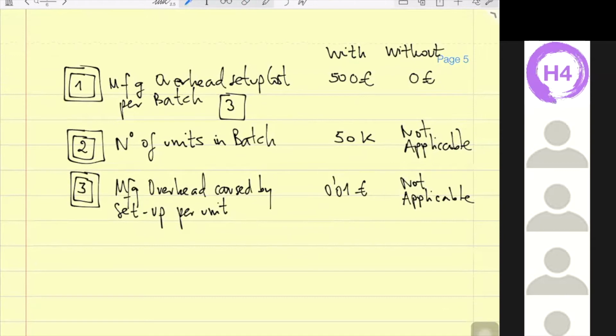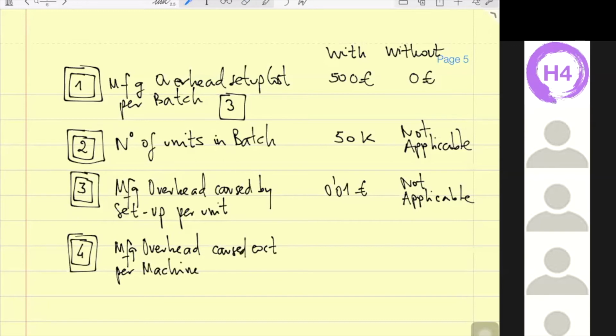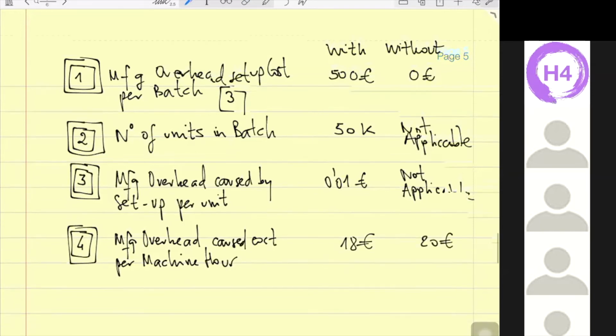Number 4, manufacturing overhead cost per machine hour, 18 euro, 20 euro as before, okay?